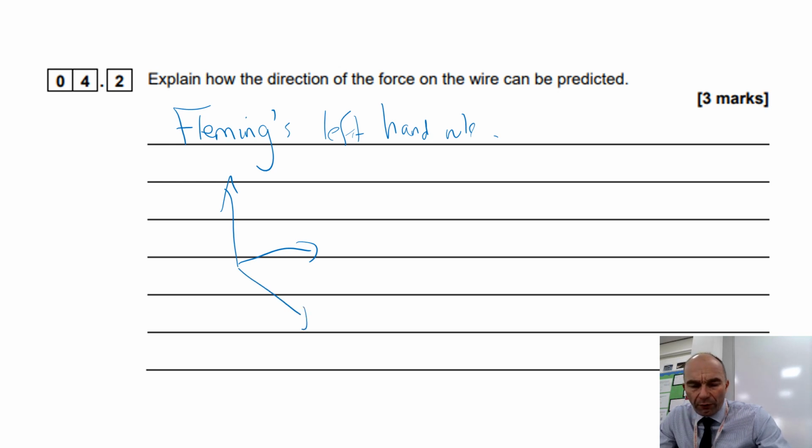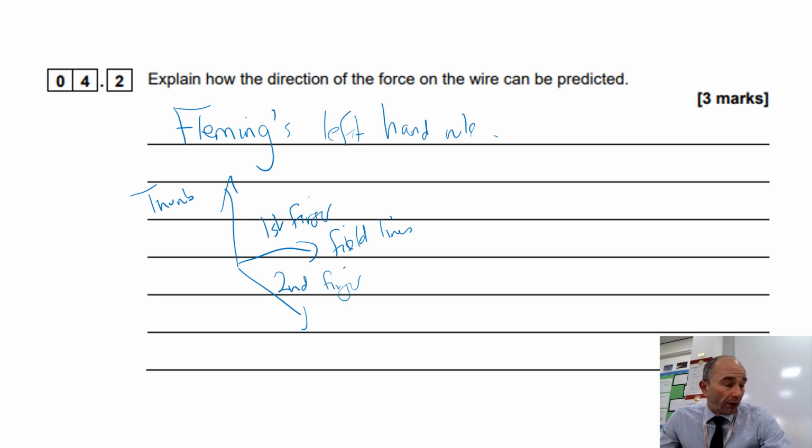If you remember, the thumb is going to be the direction that the wire moves in, so that's the direction of the force applied. Your first finger needs to be lined up with the magnetic field lines. Your second finger is lined up with the direction of the current.